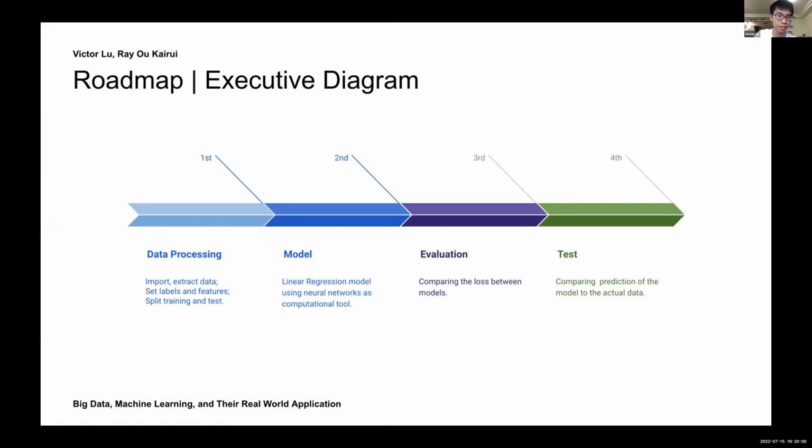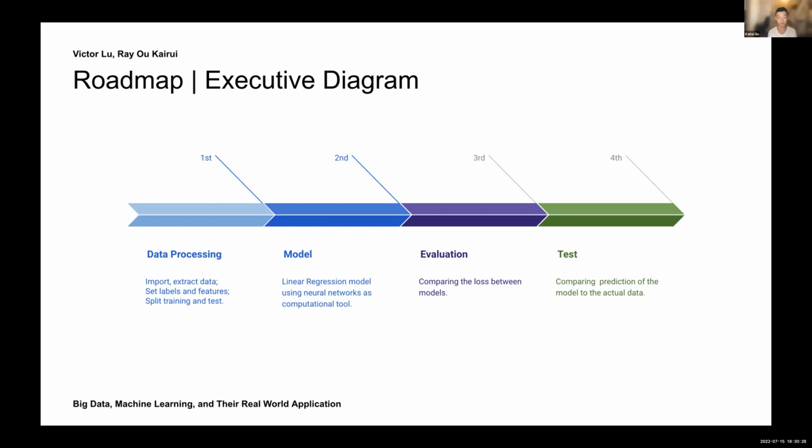Now I'm going to introduce our roadmap, our executive diagram, and the process of doing the project. First, we imported and extracted the data from the UCI machine learning dataset as a CSV file. Then we set the labels and the features of our model from the dataset. We set PM10 as our predictor target and the others as variables to predict the PM10 concentration.